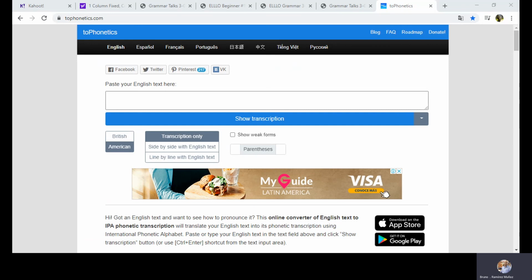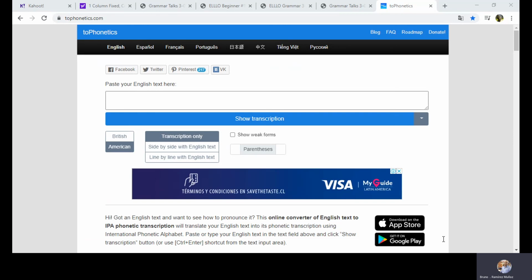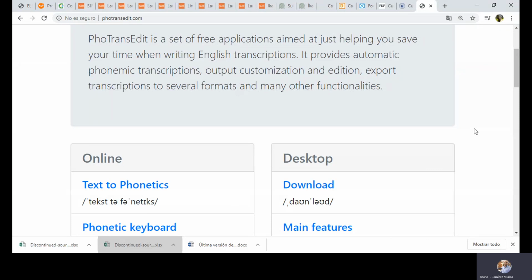Okay, here it is. You can use that one as well to double check if you have questions about the pronunciation of words. Okay, I think I'm not sharing the last one, the Fortran's Edit website. I think I am now.